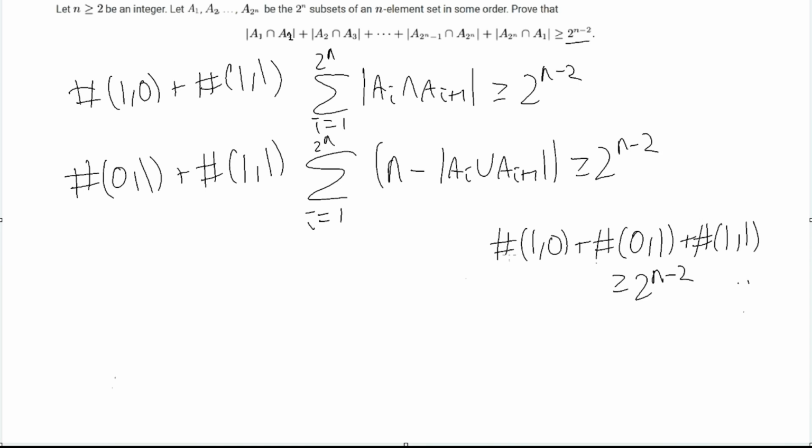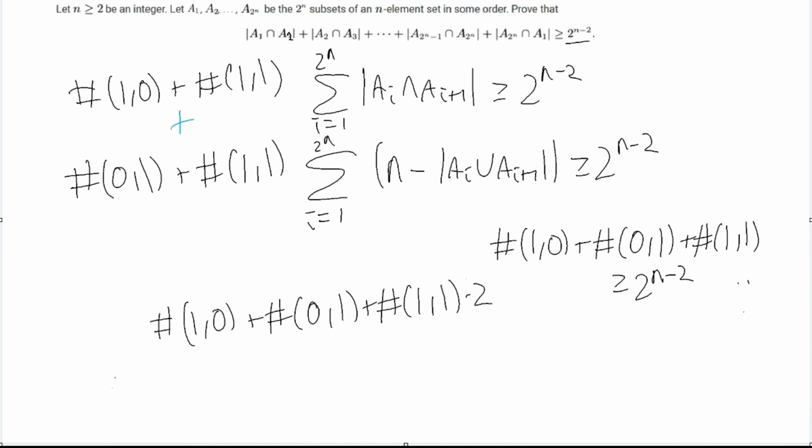And based on what we were doing earlier, because these are equal, we can add them together. And this is basically what we were doing actually. We were adding them together. And when we do that, we end up getting number of 1, 0 plus number of 0, 1 plus number of 1, 1, or 2 times number of 1, 1.